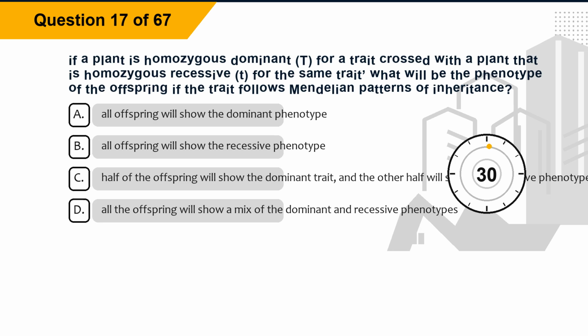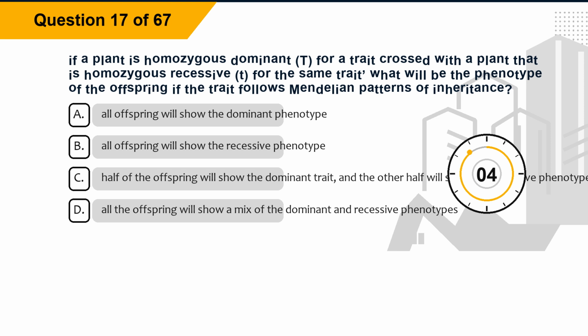Question 17. If a plant is homozygous dominant, TT, for a trait crossed with a plant that is homozygous recessive, tt, for the same trait, what will be the phenotype of the offspring if the trait follows Mendelian patterns of inheritance? Option A, all offspring will show the dominant phenotype. Option B, all offspring will show the recessive phenotype. Option C, half of the offspring will show the dominant trait, and the other half will show the recessive phenotype.